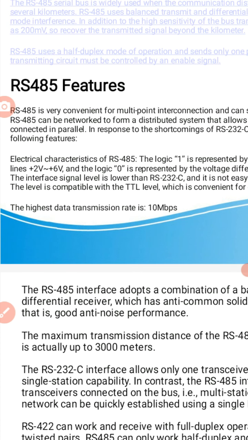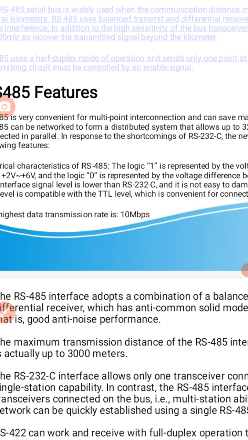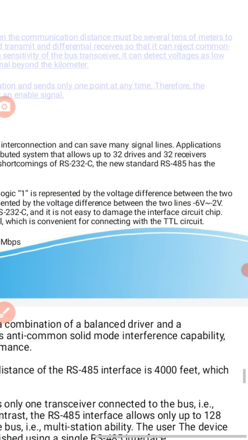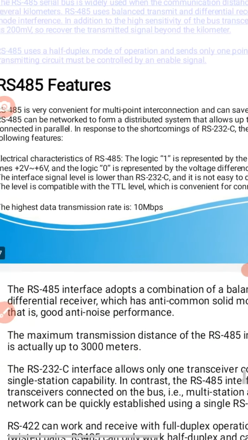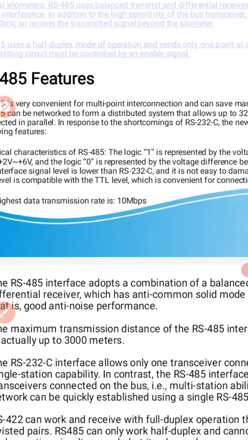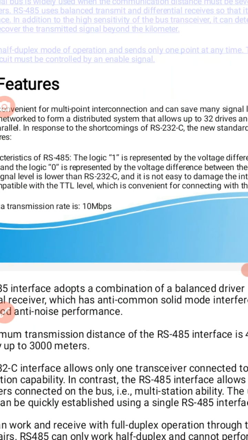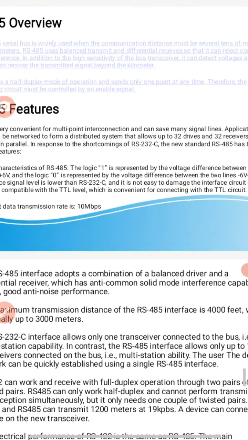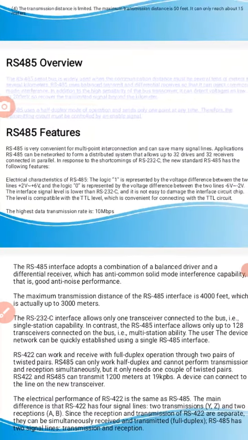The interface signal level is lower than RS232C and does not damage the interface circuit chip. The level is compatible with the TTL level, which is convenient for connecting with the TTL circuit. The highest data transmission rate is 10 Mbps.